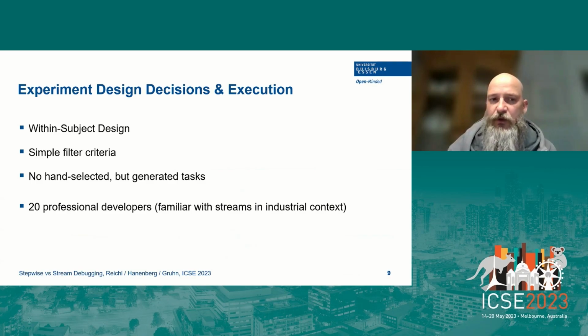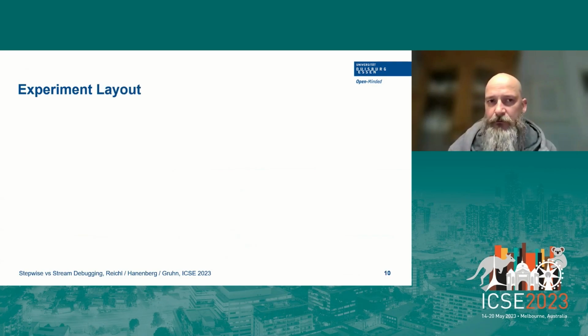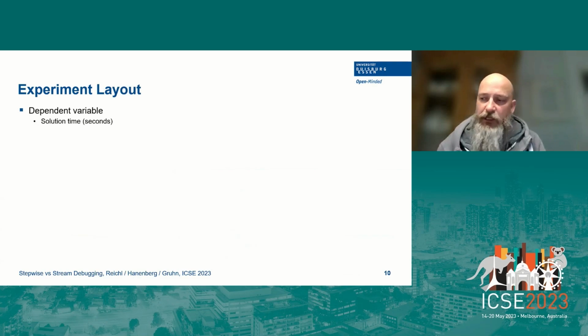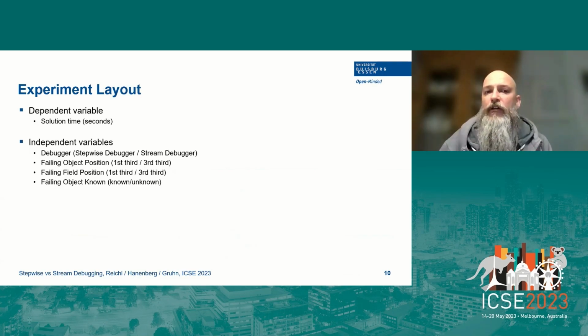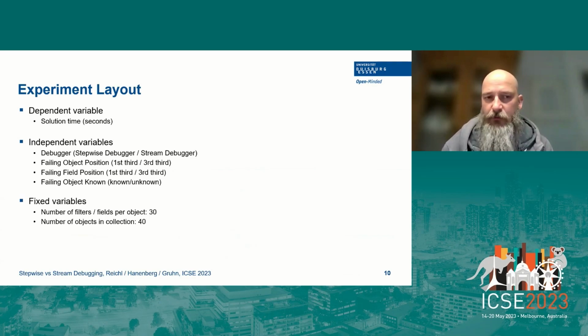Again, we used 20 professional developers. They were already familiar with streams in industrial context, so we didn't really have to train them. What was the experimental layout? We had the solution time as the dependent variable, and the 4 independent variables that I already described. First of all, the debugger itself, the failing object position, where the field position was, which means where the filter actually appeared, and whether or not the failing object was known upfront.